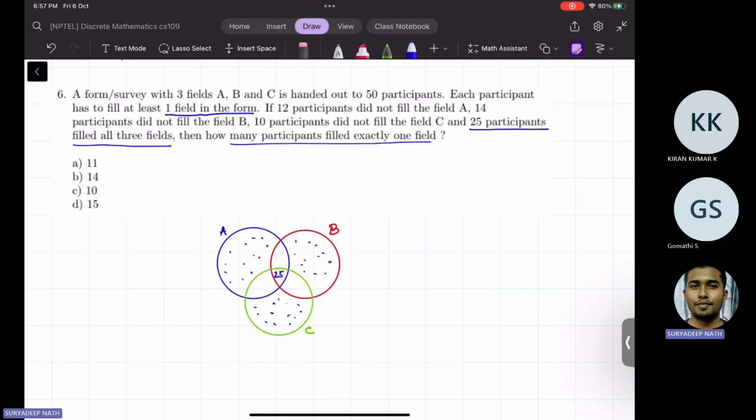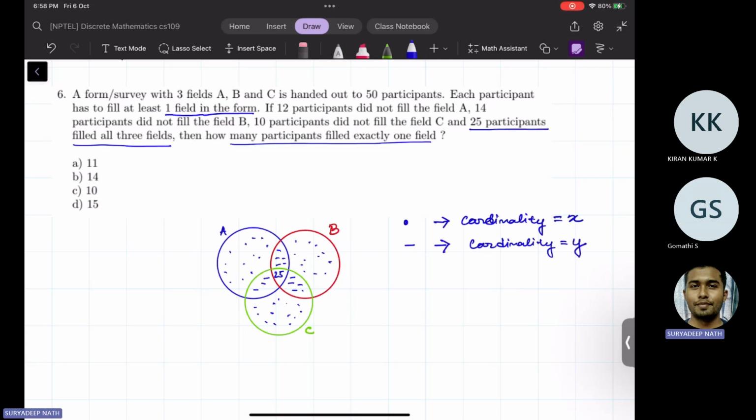Let us call this the dashed region. So we have basically two regions, this dashed region and the dotted region. The dotted region has cardinality equal to x, and the dashed region has cardinality equal to y.